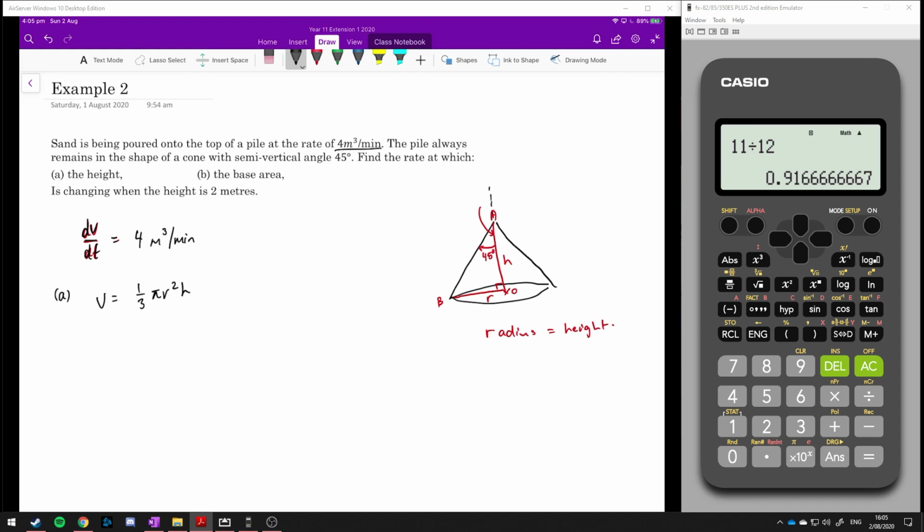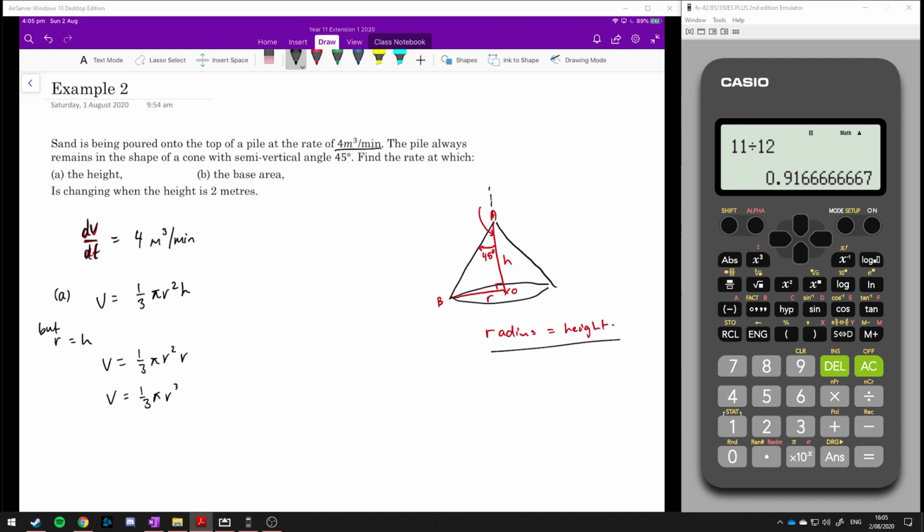Okay, but because we also know that the radius is the same as the height, or r is equal to h, we can rewrite this as 1/3 pi r squared r, or V is equal to 1/3 pi r cubed.